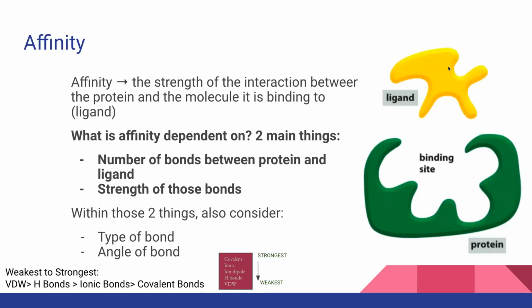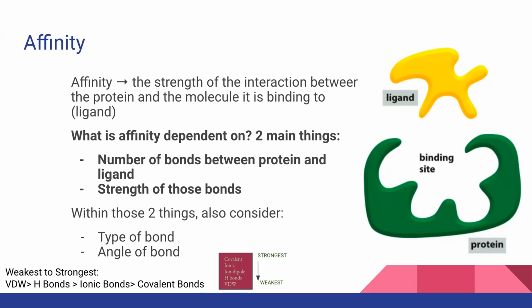Your affinity is just how much the ligand and the protein are going to want to be together. High affinity means that they would like to stay bound to each other. Your affinity is going to depend on the number of bonds holding the two together and the strength of those bonds. Here, I have ranked the types of bonds. This is also something that you should think about when you're going about questions like this.